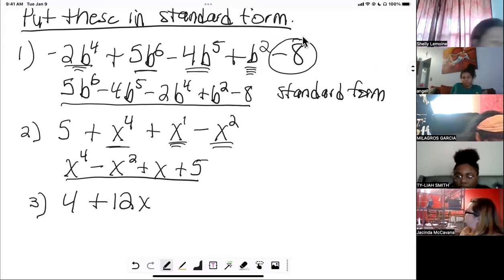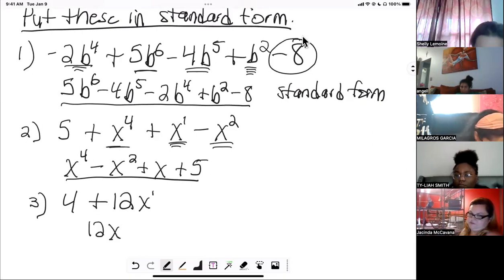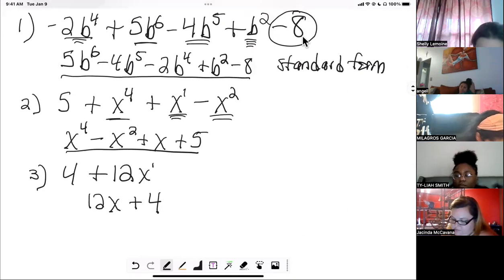Standard form would mean that the highest exponent I have is this x to the first power, which is 12x, and my constant would be last. And that's why I said it's a fine answer. It'll never be marked wrong. It's fine, but I really want to start getting you to put it in standard form from the very, very beginning. Usually you don't learn this till later on in algebra, but if I can do it now and you guys will be that much further ahead, I want to do it now, standard form.